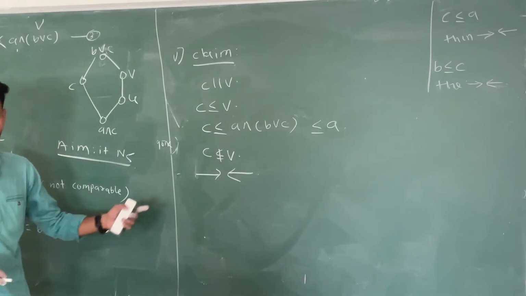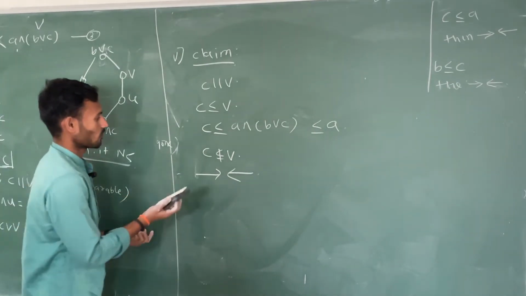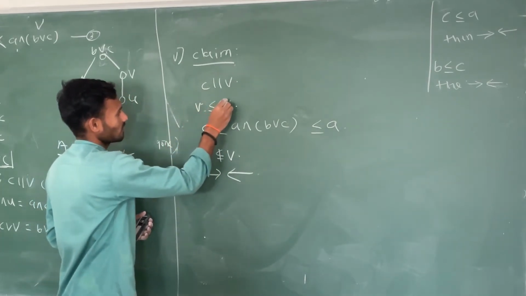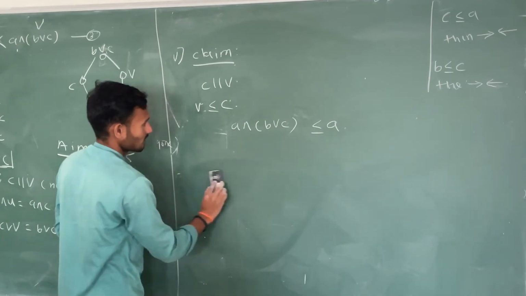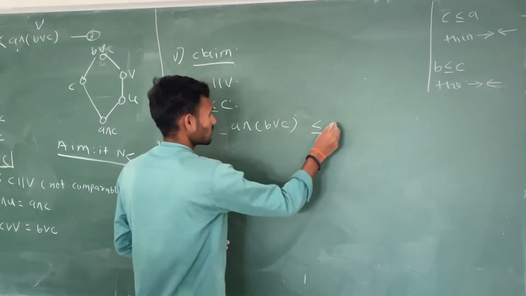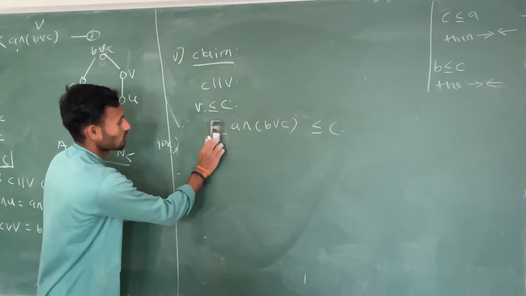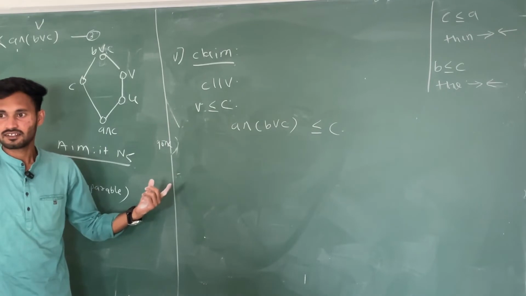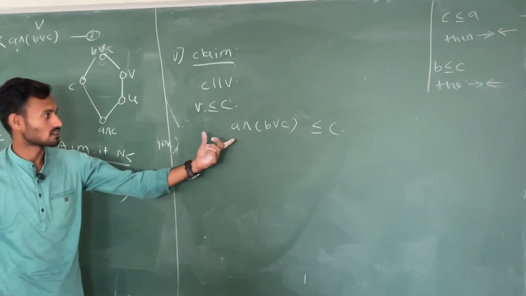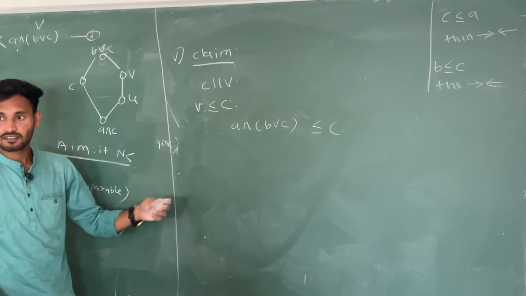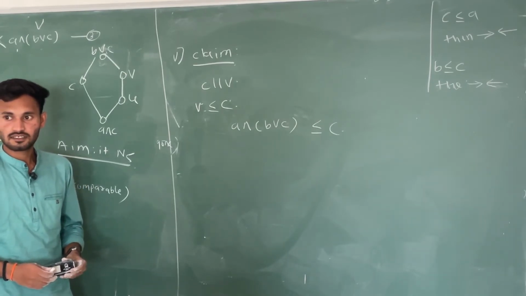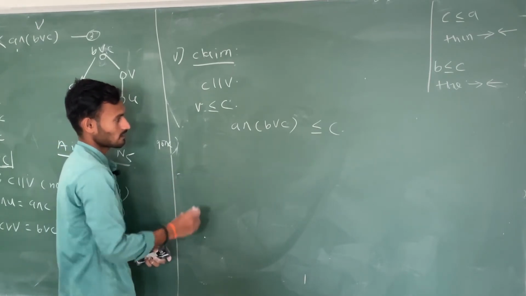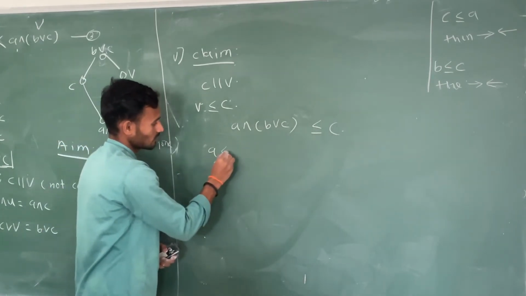So again, if we take this, what about B and C? From this, how to prove this? This contradicts. What can we say about this? A is less than or equal to C?